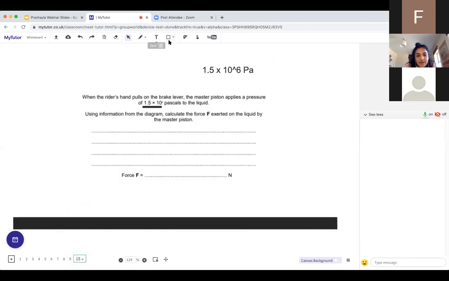So I want you to work out what the force exerted on the liquid is.